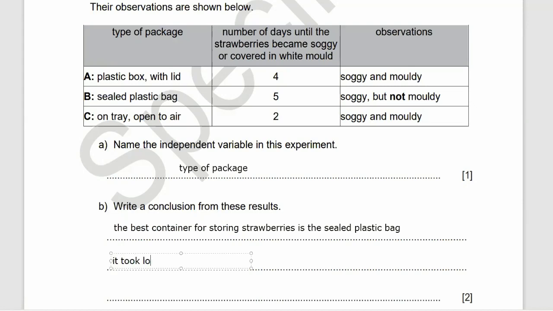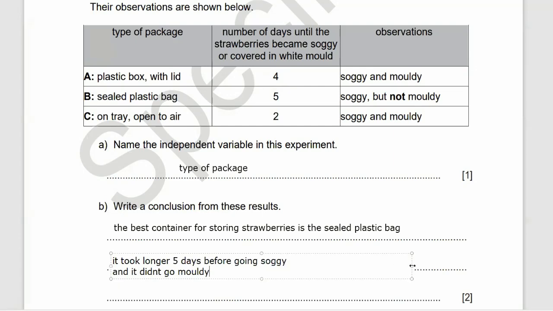It took longer, 5 days before going soggy. And it didn't go moldy. So not only did it take longer, 5 days compared to 2 and 4, if we wanted to include the data for the others, but it didn't go moldy.